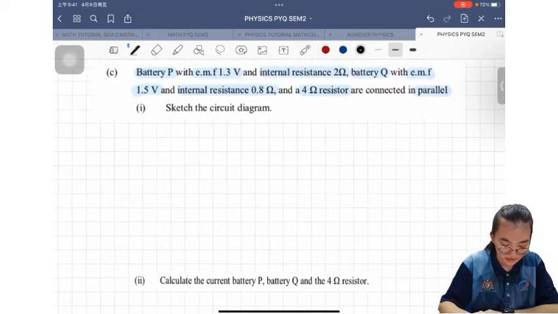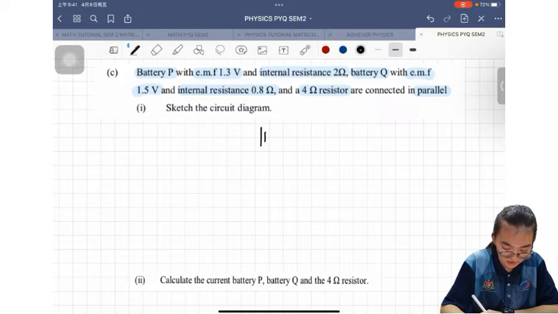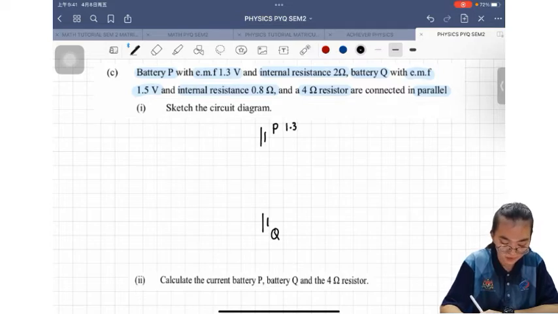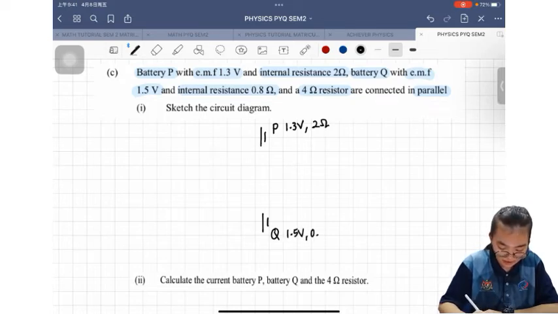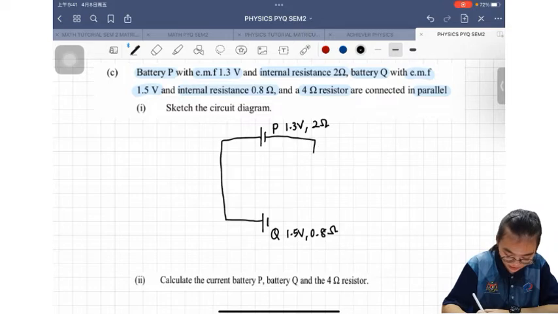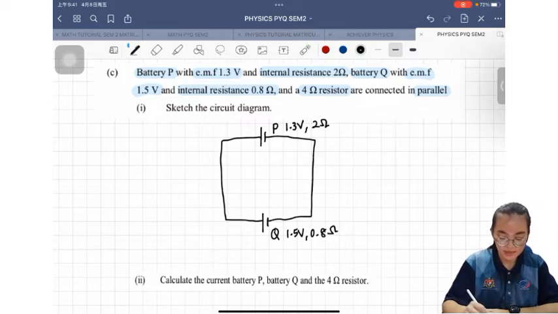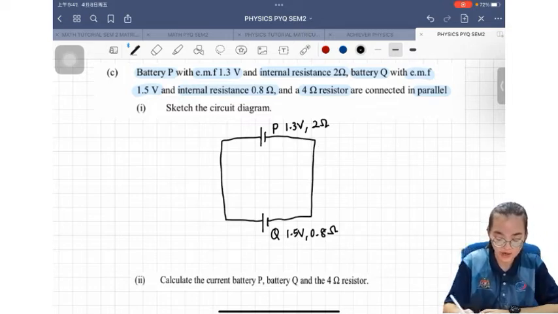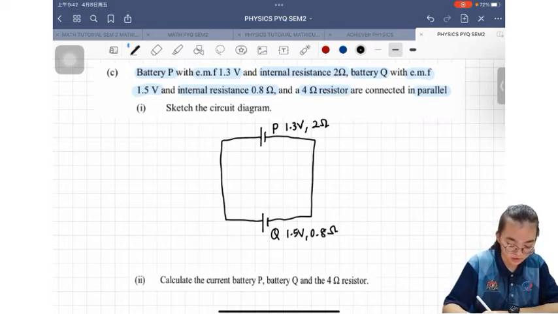We know that we have two batteries. This is P and this is Q. Battery P is 1.2 volt and 2 ohm, and battery Q is 1.5 volt and 0.8 ohm. And we connect them together, and there is a 4 ohm resistor connected in parallel, so we draw it in the middle of the circuit.